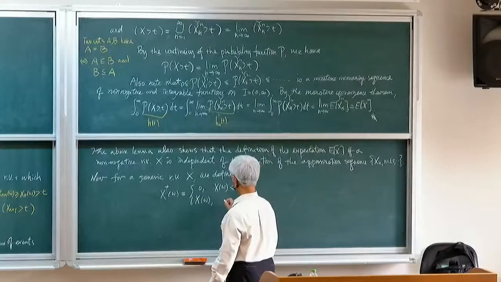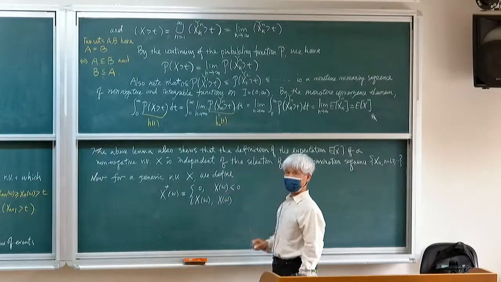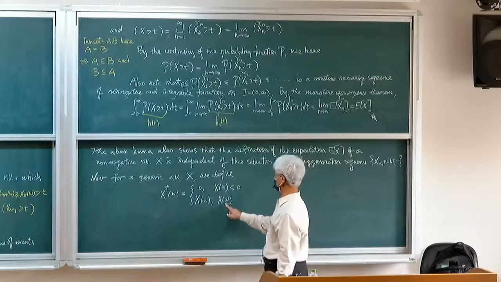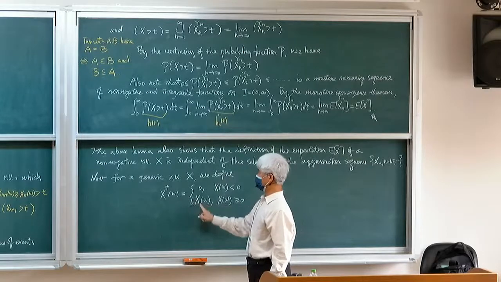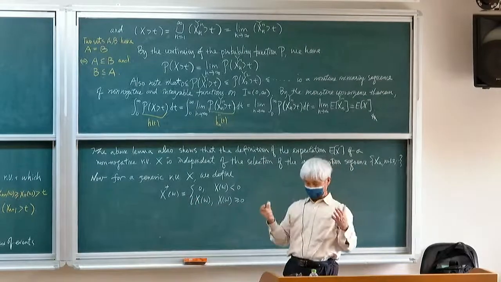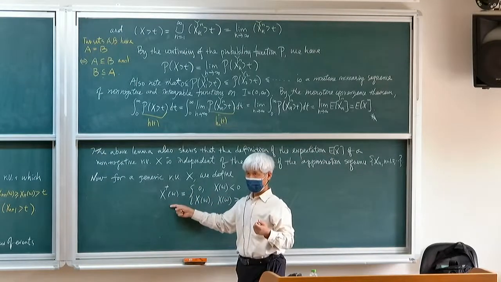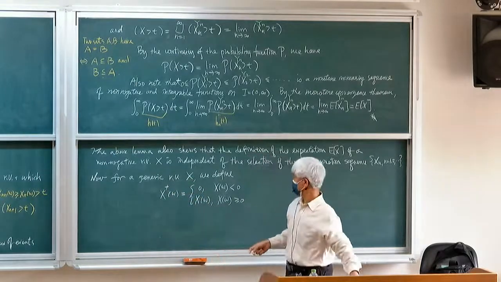But if the original value of X at omega is greater than or equal to 0, non-negative, then we copy the value there. So we just conserve the positive part. This is called X plus, the positive part of X.